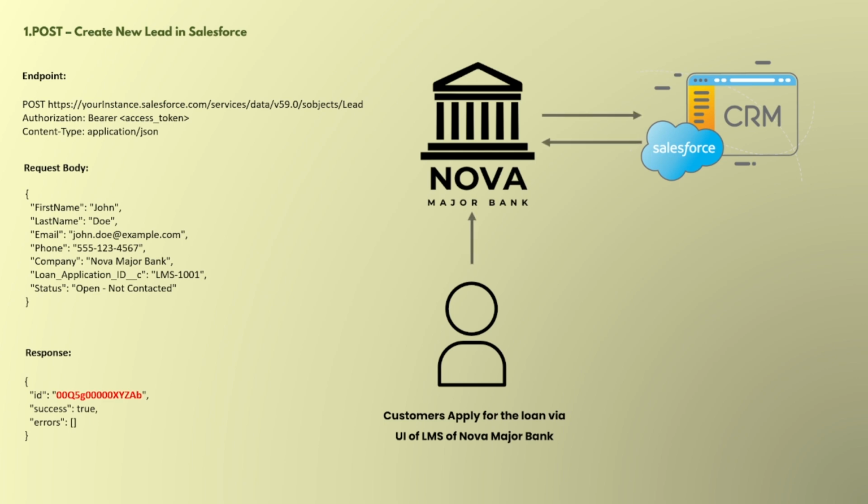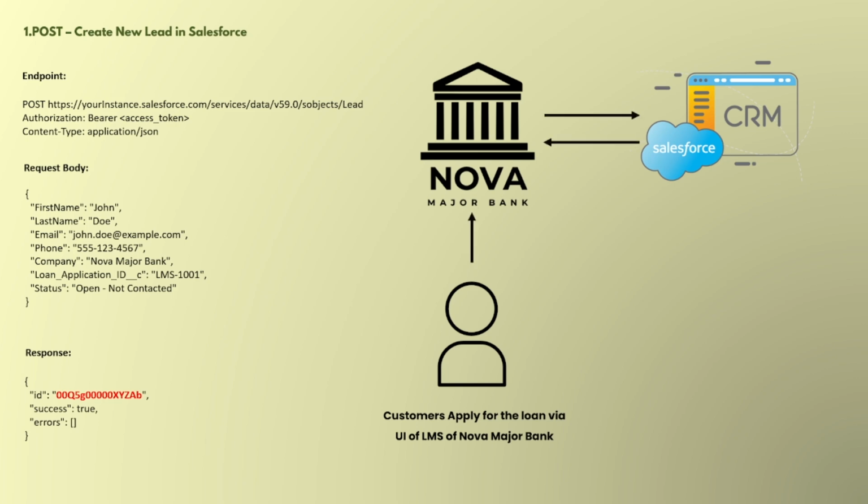Once this entire data is absorbed into Salesforce, it is saved into the Salesforce database. Salesforce gives the response: yes, your data is saved. In the red mark you will see the response ID, because not only one customer is there, there are millions of customers who will apply for a loan to Noah Major Bank. So everyone has a unique identity.